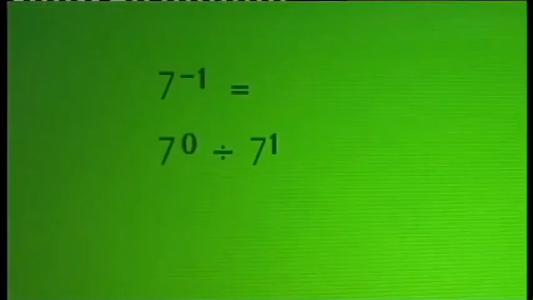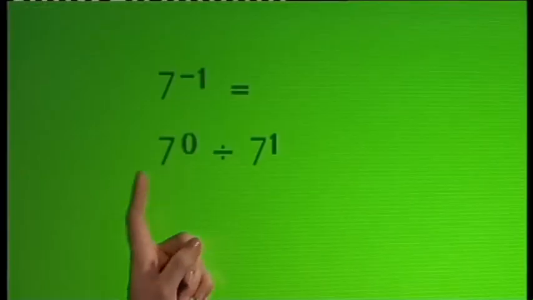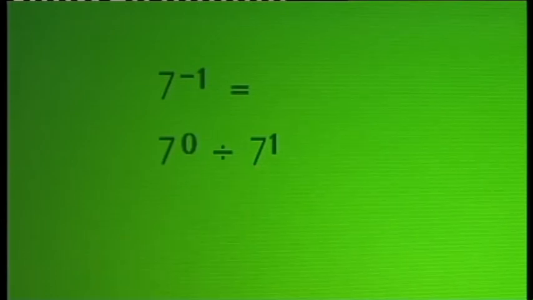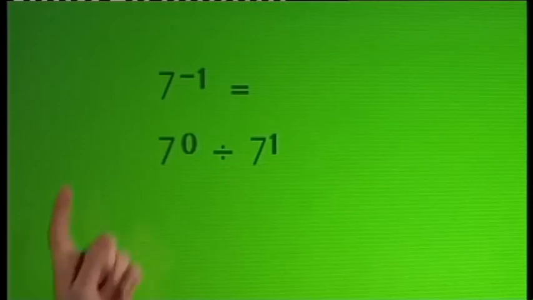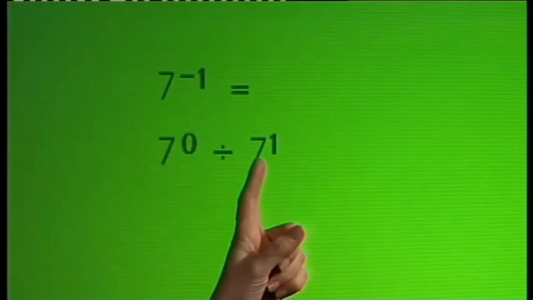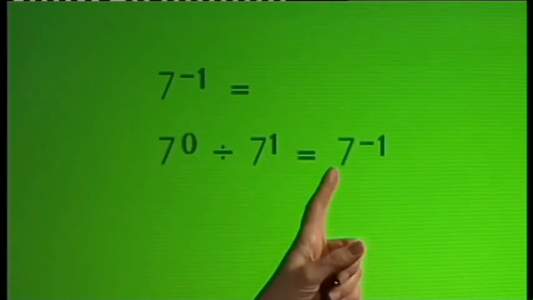What do you think 7 to the power negative 1 is? Well, you work the same way. Think of a division sum that gives 7 to the power negative 1 as the answer. I've chosen 7 to the power 0 divided by 7 to the power 1. When you use the division rule and subtract the powers, you get 0 minus 1, or 7 to the power negative 1.